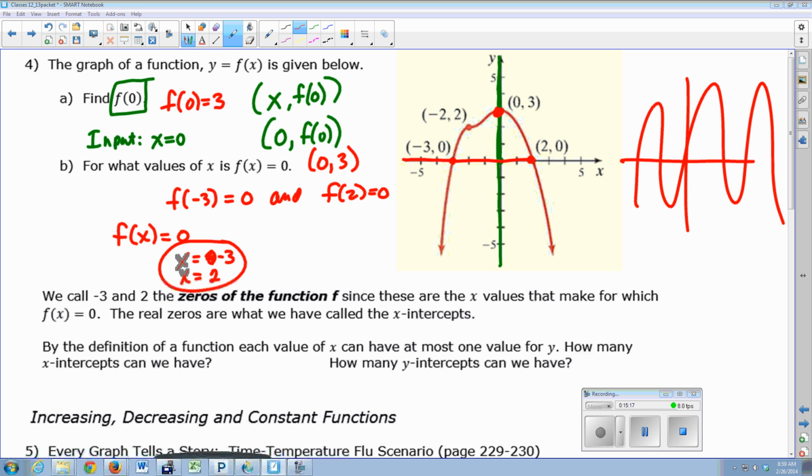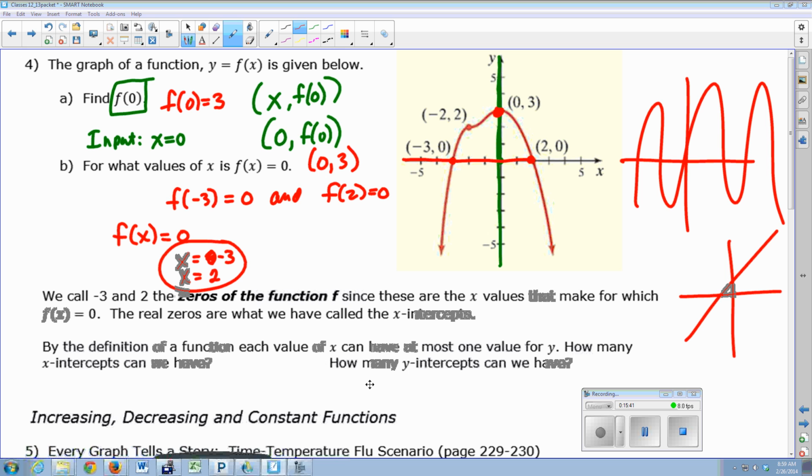And I kept going on like that. Unlimited, right. If I had a straight line, in this particular case, that straight line has one x-intercept and one y-intercept. Because remember, for a function, we can have lots of different inputs go into the same output.